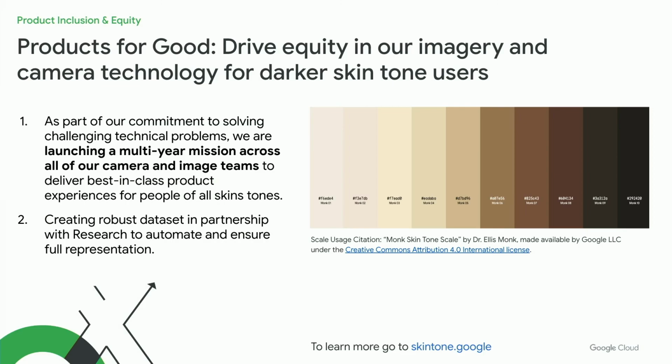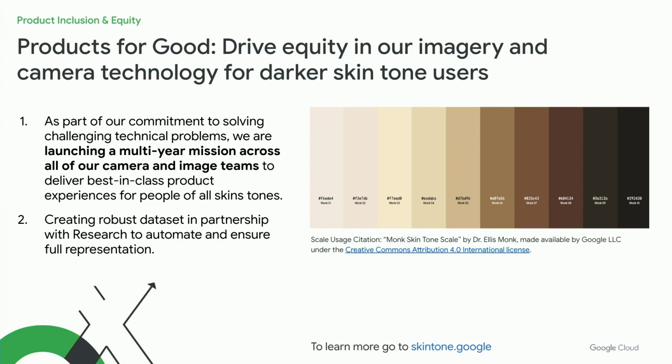It is our priority to fight historical technical challenges and biases directly in society by giving society solutions like the Monk Skin Tone Scale. In the coming months, we'll also develop a standardized way to label content for images on Google Search.